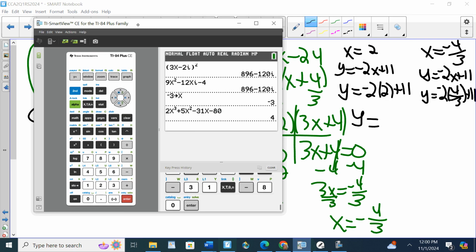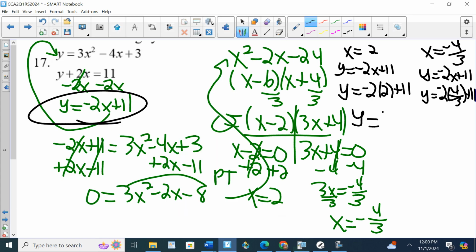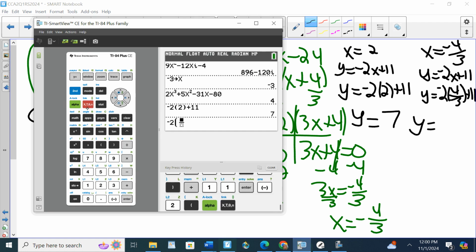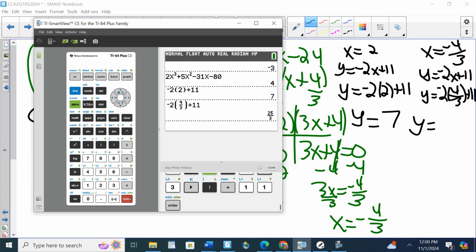Negative 2 times 2 plus 11, 7. And you could store these values, but whatever.